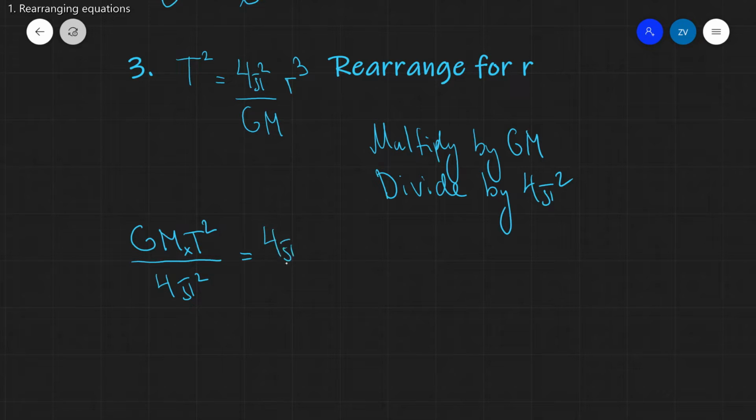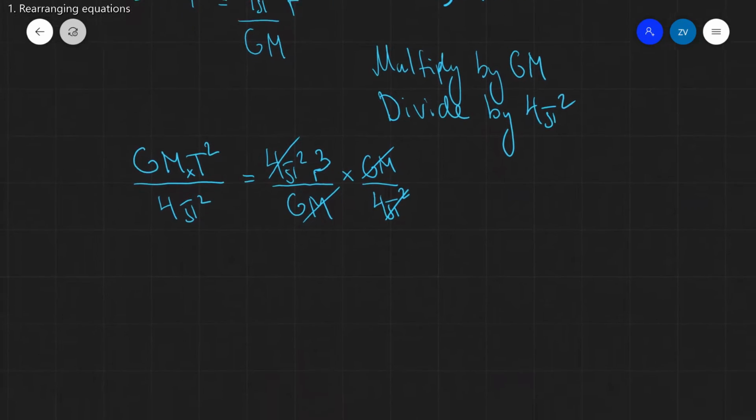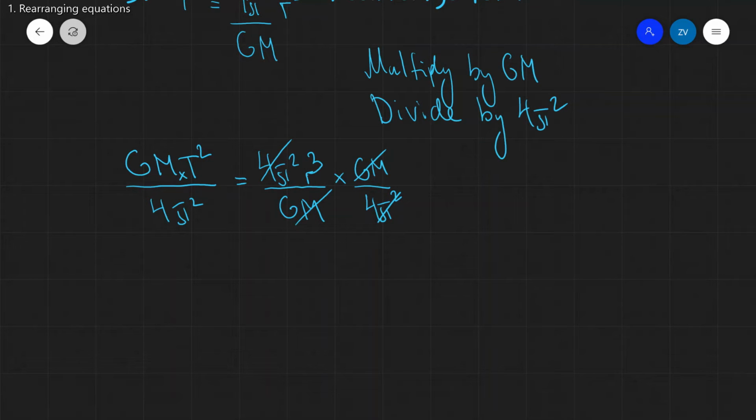So that's 4 pi squared R cubed over GM, and let's do what we did on the left-hand side to the right-hand side. We multiply this by GM, we divide this by 4 pi squared, and we can see that what we're left with is R cubed.